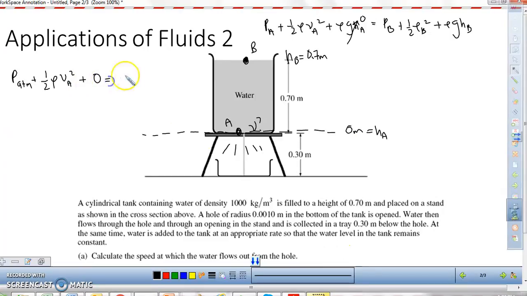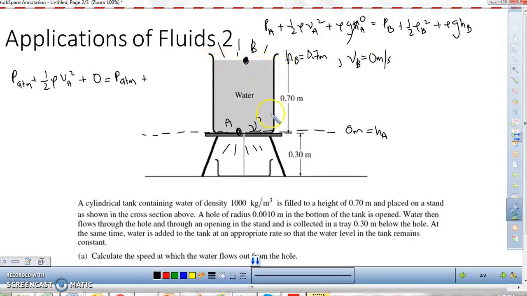Then at part B, this is also exposed to the atmosphere, because besides the air itself, there's nothing else around here. So this is atmospheric pressure, plus the speed of the water here. Interestingly enough, the velocity of the water at the top is 0 because it's not flowing.